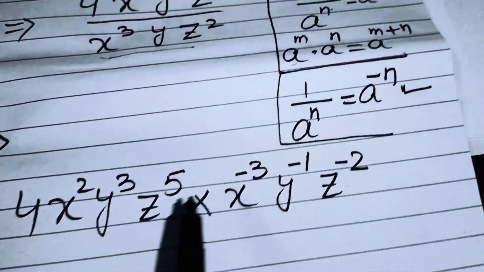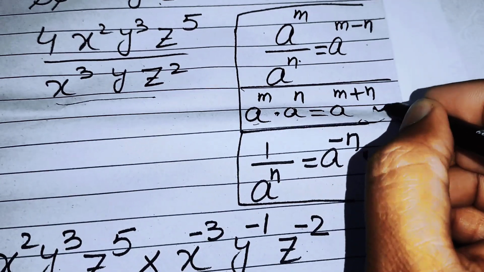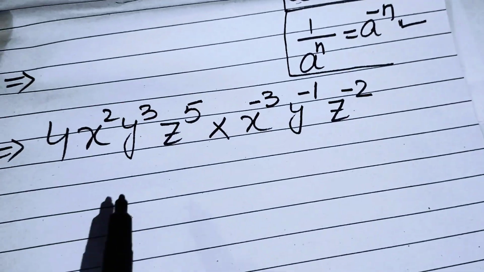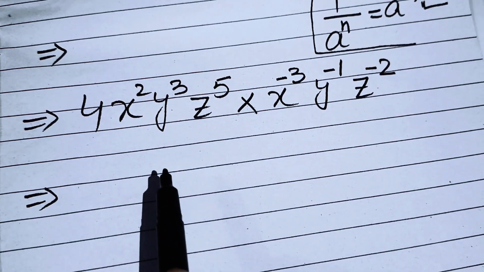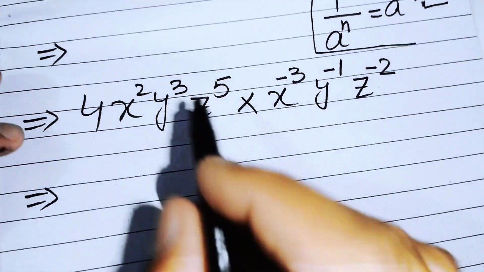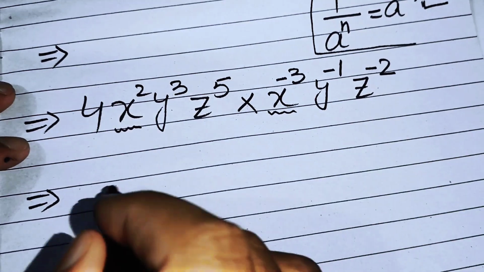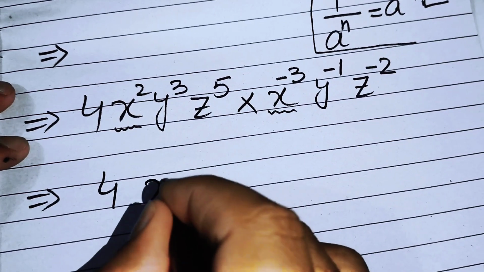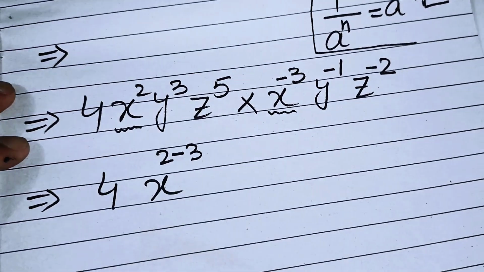After that we can apply this exponent law, and we can add those exponents whose bases are the same. You can check that the bases of this and this term are the same, so we can add their exponents and write x to the power of 2 minus 3.